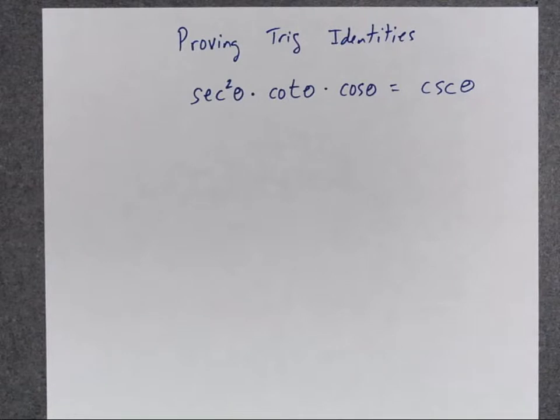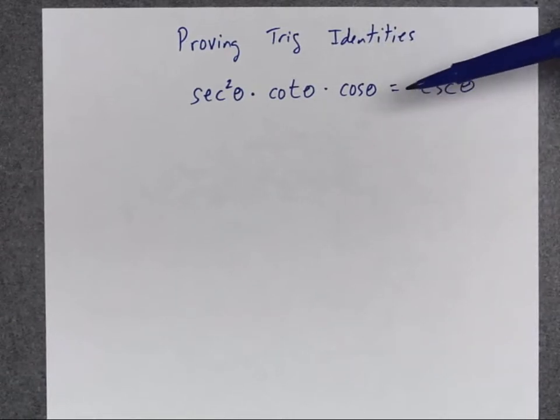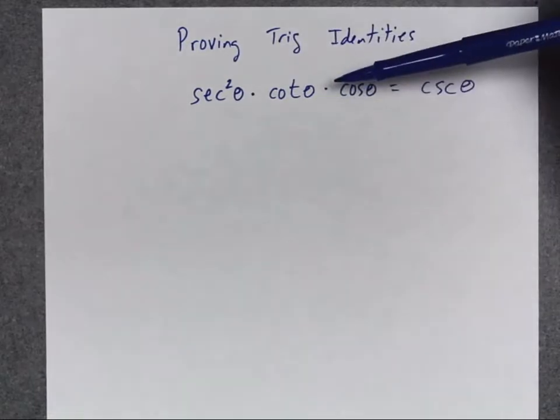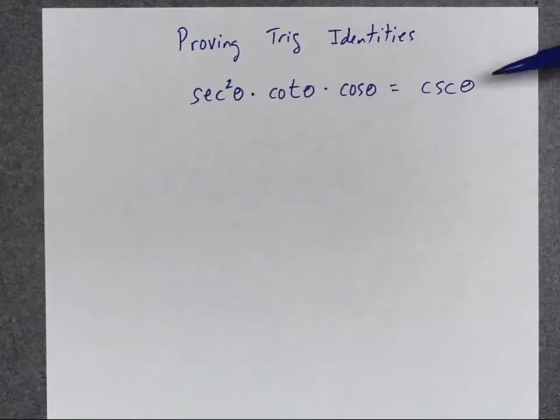So do not think of this like an equation where we're going to solve for something. This is very different than that. We're simply trying to say, hey, this left side is really the same thing as the right side. And we want to prove that.